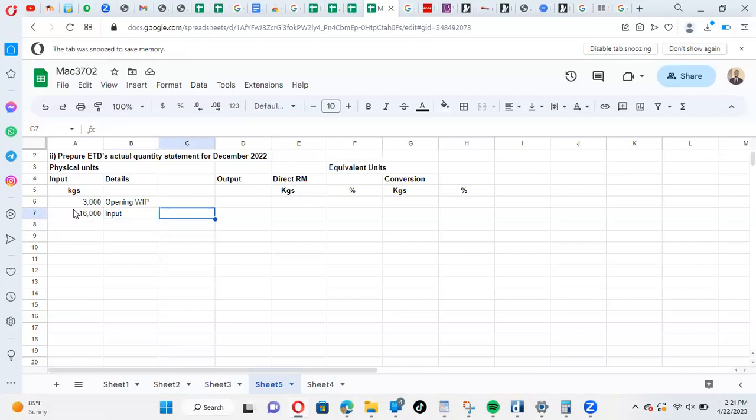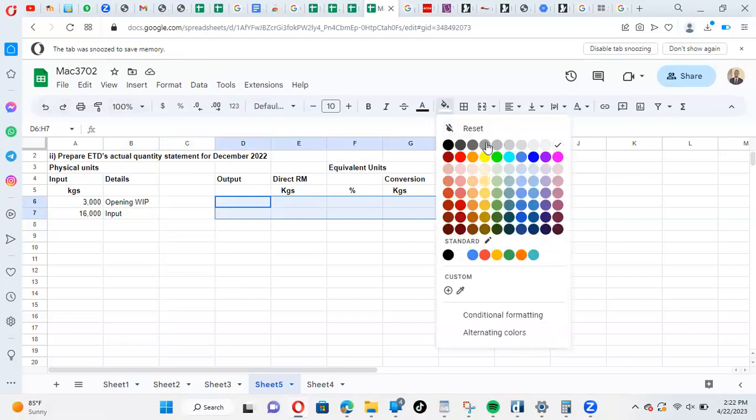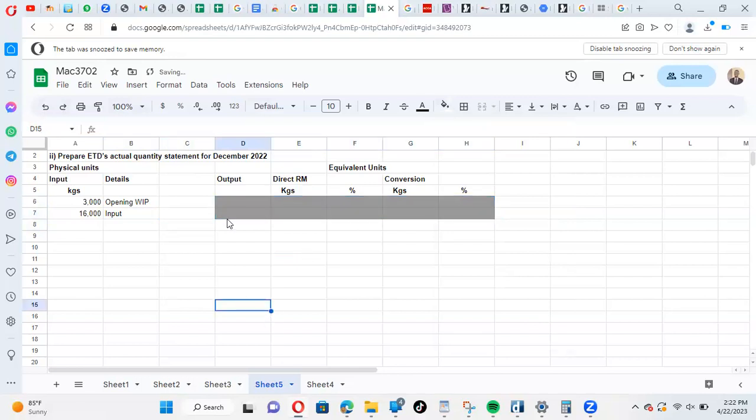And then from there, we can let all this one go now because we are dealing with the weighted average costing method, not the other method. Let's make this gray so we know we are not putting anything there.